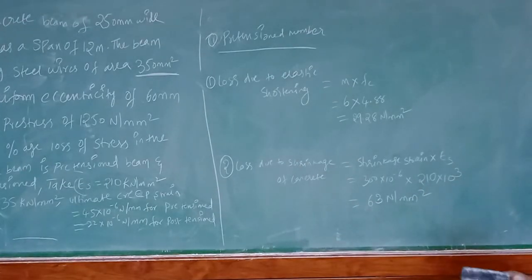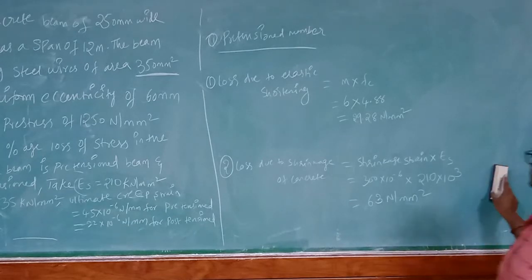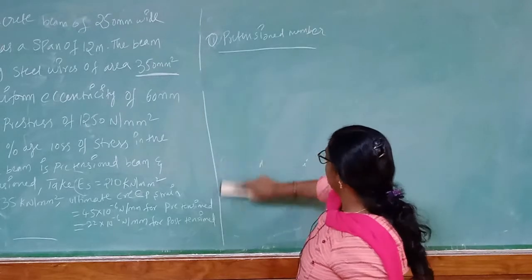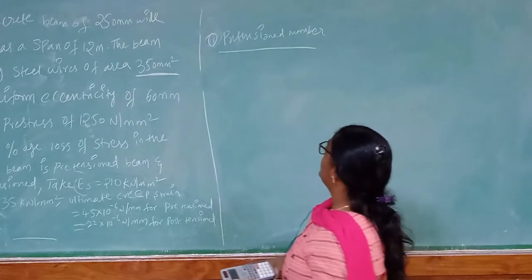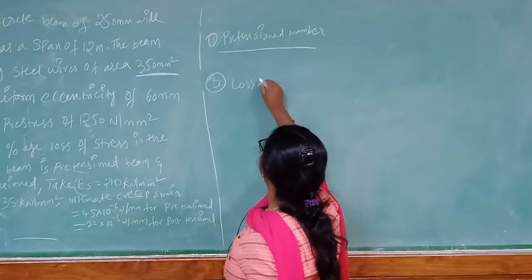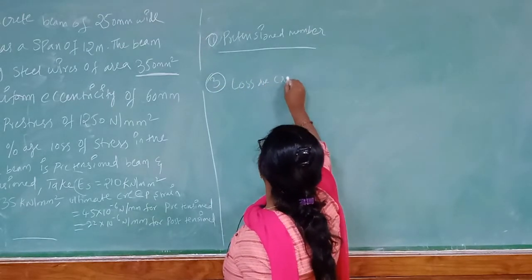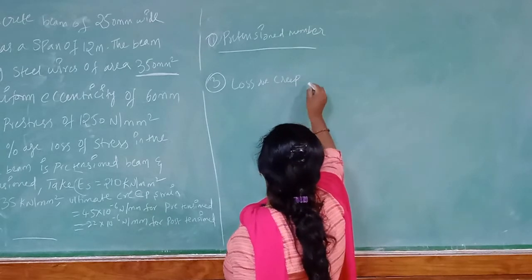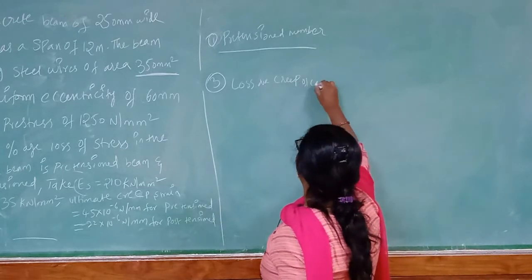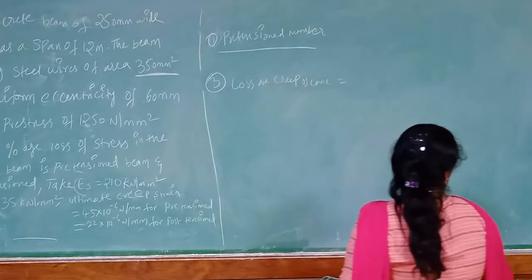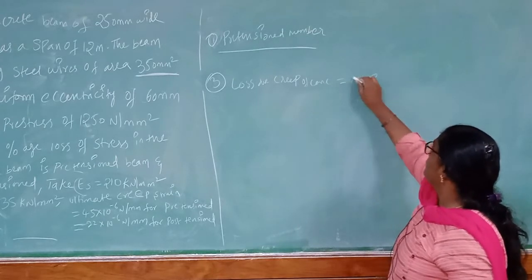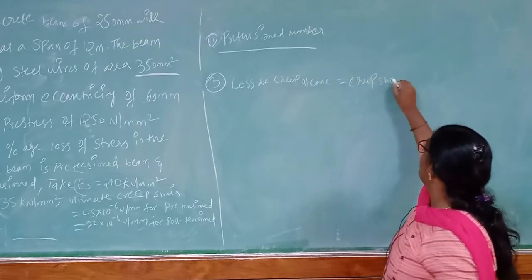I hope everything is clear here. What is the third loss? Loss due to creep of concrete. The creep shortening value has already been given in your problem.